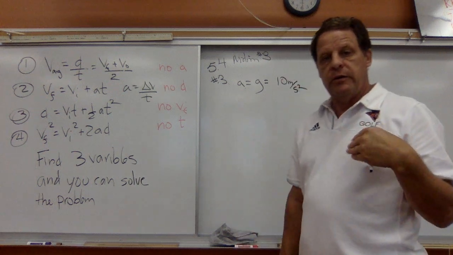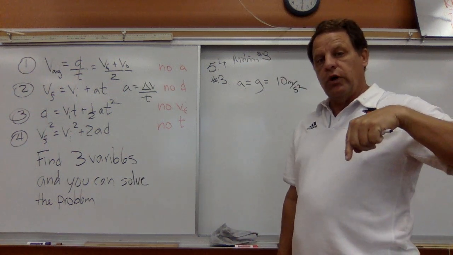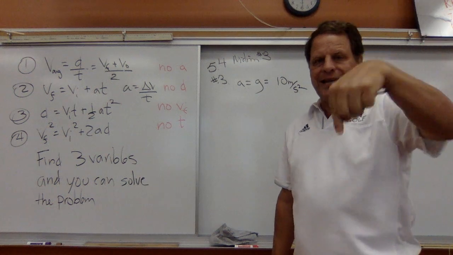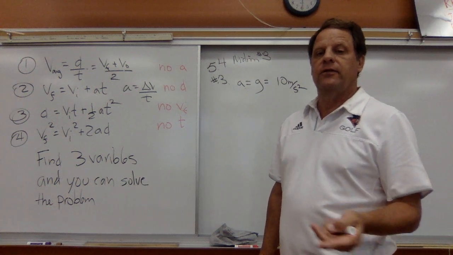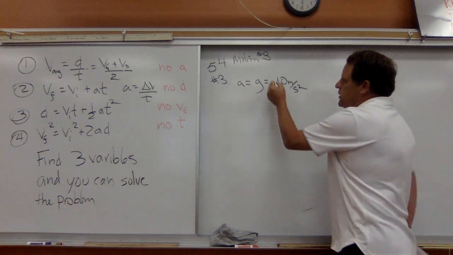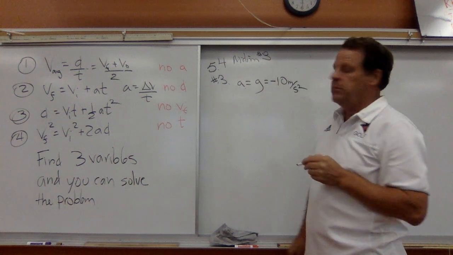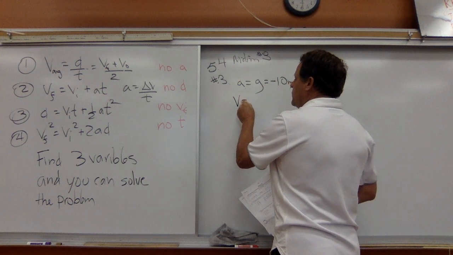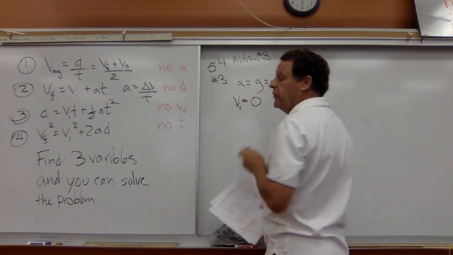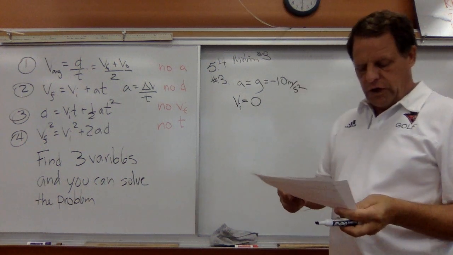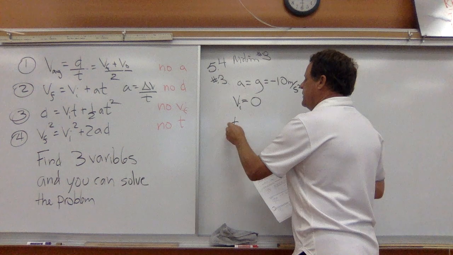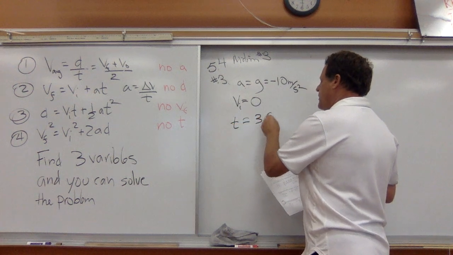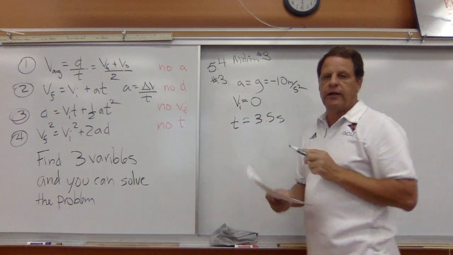One way to make this a little more consistent is we're going to say up is positive and down is negative. So if we stay with that consistency, then this g is actually negative 10 meters per second squared. The other thing we know is that the initial velocity is 0, because we dropped it. And we have the time of 3.5 seconds.